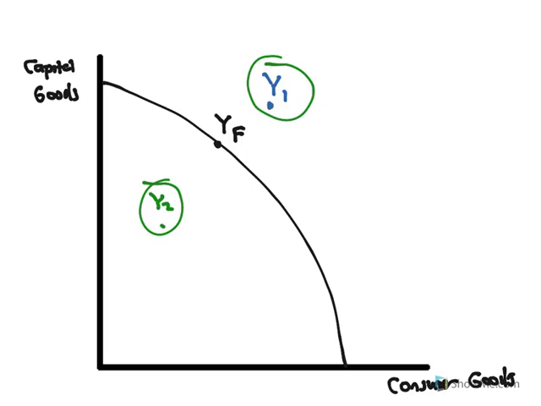Yes, you have really low unemployment, but you want to see people move to jobs that they like, and you want to see jobs disappear that are not conducive to a productive economy. So in the case of Y1, we need a little more frictional and structural unemployment. In the case of Y2, we could use a little less cyclical unemployment that's causing the economy to be in a recession.